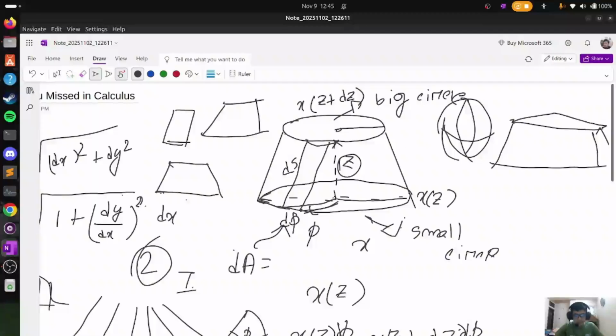But this is a curved surface now, and we have an angle phi here. These things we use in spherical coordinates. We use this angle as azimuth. It's a very important angle. Like this shape is inscribed by it.